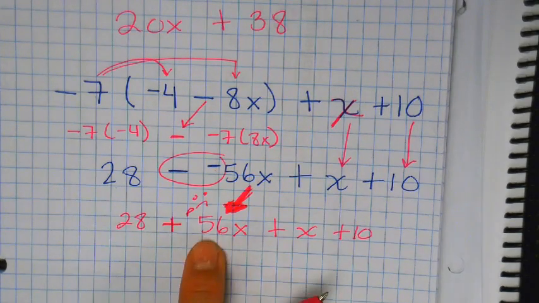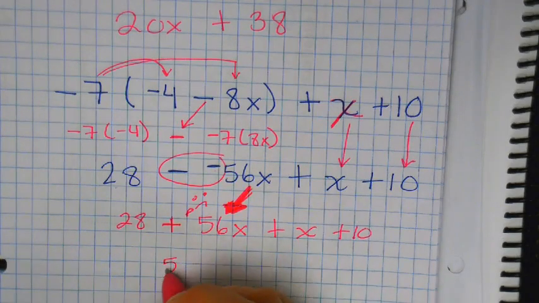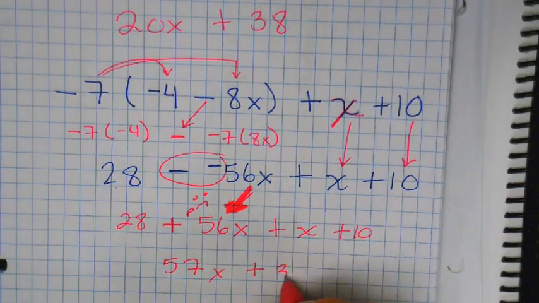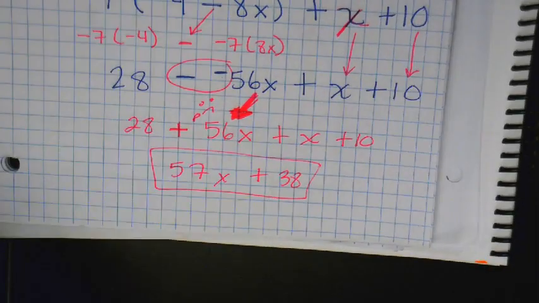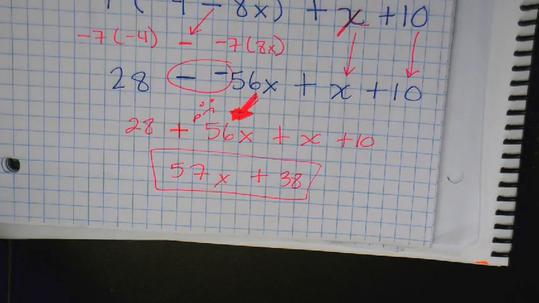The 56x plus the x gives you 57x, and then 38. I love it. Negative numbers will be with you forever, so make sure you know how to deal with those negative numbers. If your bank account starts having negative numbers, we have a big problem.